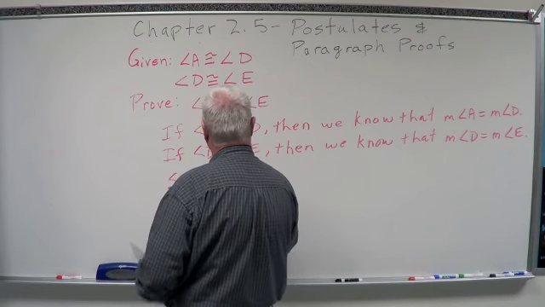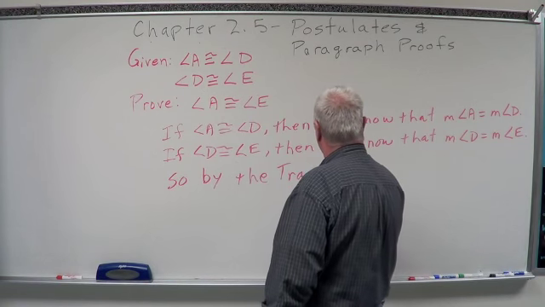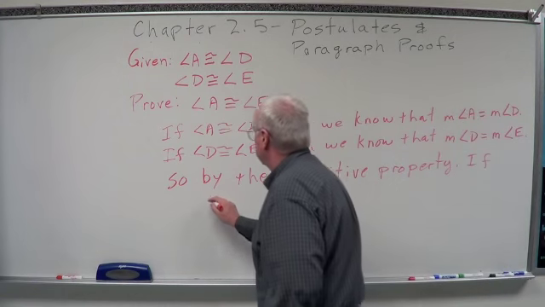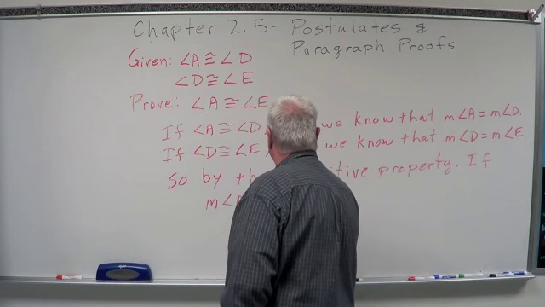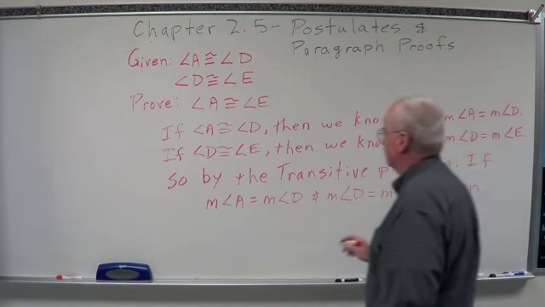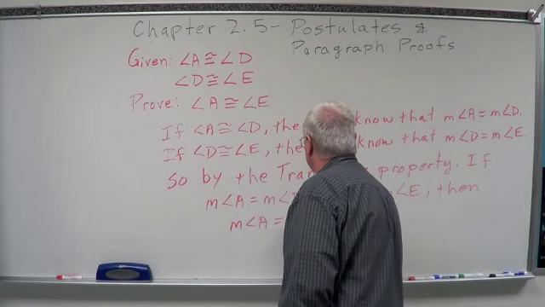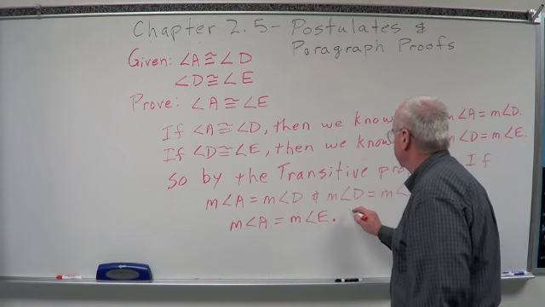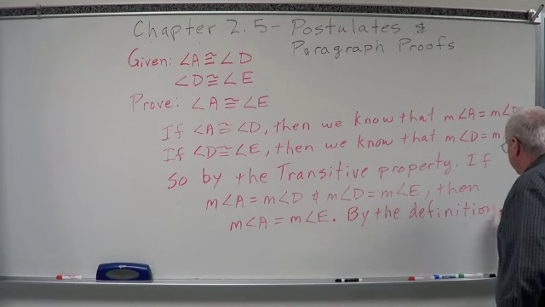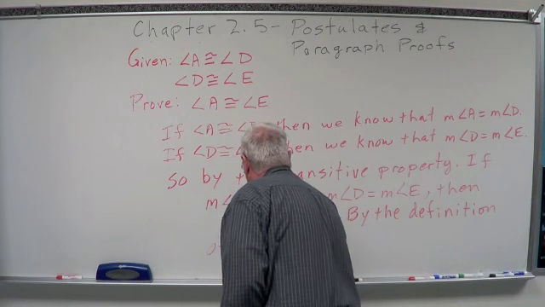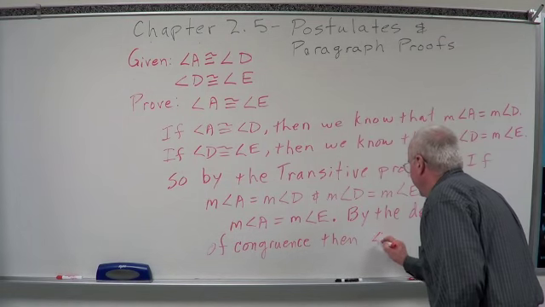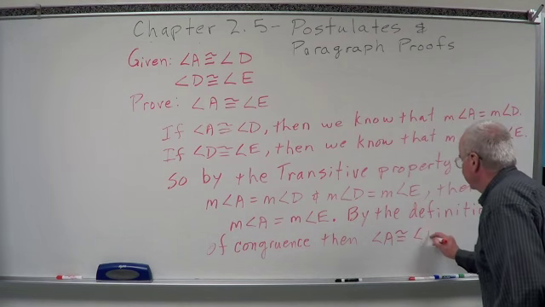So, by the transitive property, if measure of angle A equals the measure of angle D, and measure of angle D equals measure of angle E, then measure of angle A equals measure of angle E. By the definition of congruence, then angle A has to be congruent to angle E.